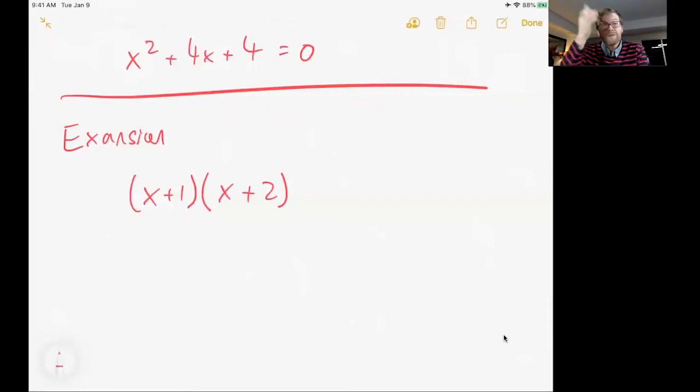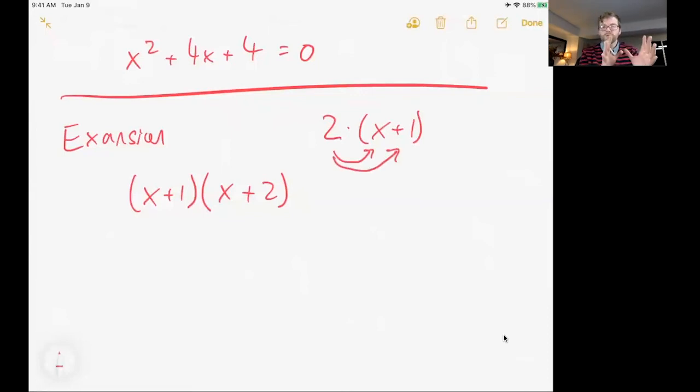You may recall that if I have, say, 2 multiplied by the binomial x plus 1, the 2 needs to distribute through there. It needs to go to each thing inside that group. The 2 is getting multiplied by the group x plus 1, so both the x and the 1 need to get multiplied by 2.